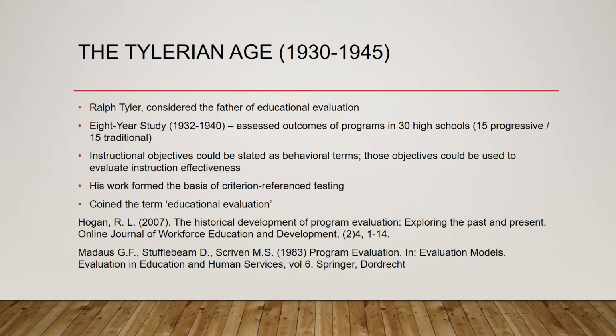And what he did, or one of the many things that he did, was looked at a lot of objectives and really narrowed them down, looking at their behavioral traits, and tried to take those objectives and state them in behavioral terms. And so looking at those to evaluate instructional effectiveness. And his work did, in fact, form the basis of criteria referenced testing.